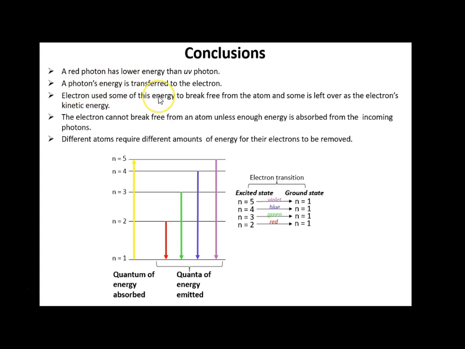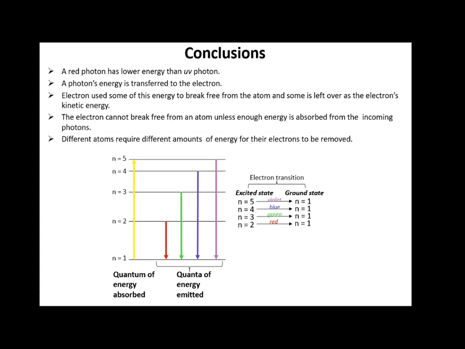Electrons use some of this energy to break free from the atom, and some is left over as the electron's kinetic energy. It's also important to notice that the electron cannot break free from any atom unless enough energy is absorbed from the incoming photons, that is, light of a specific wavelength.